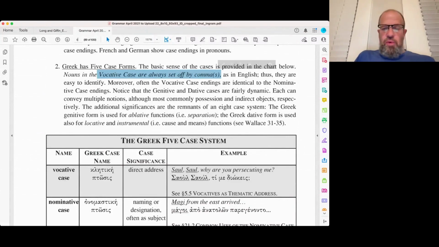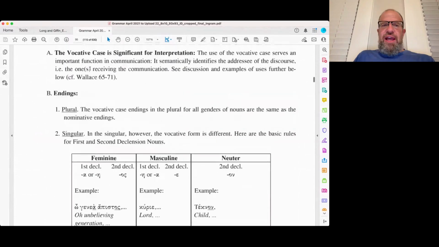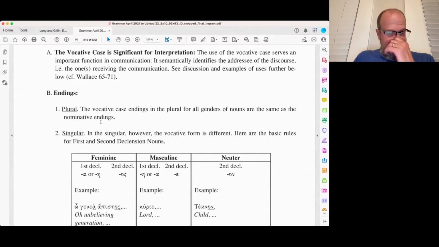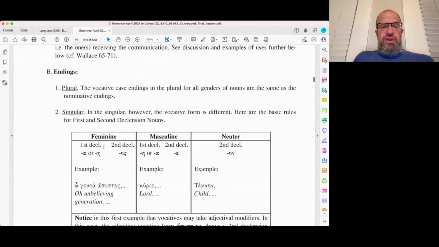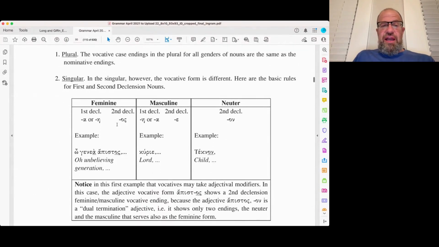So let's talk a little bit more about vocatives and their use. Before we do that, we'll look at some of their endings. In the singular, they often use the nominative endings, and this is also true in the plural. Here you can see a listing of their endings in the singular.